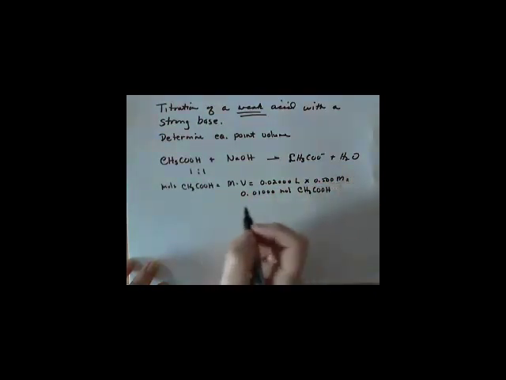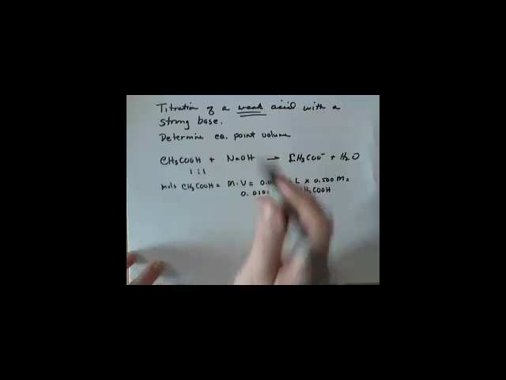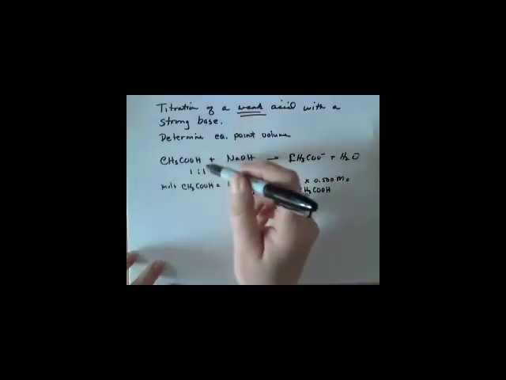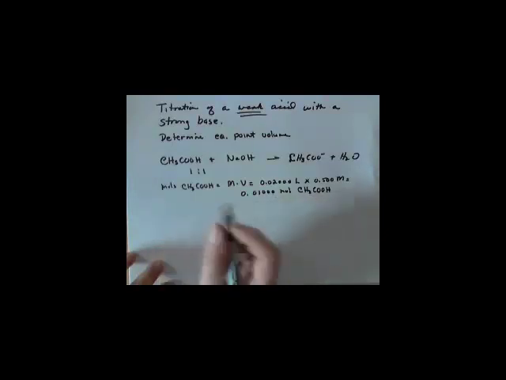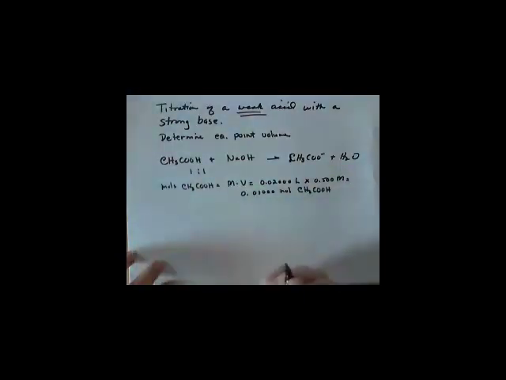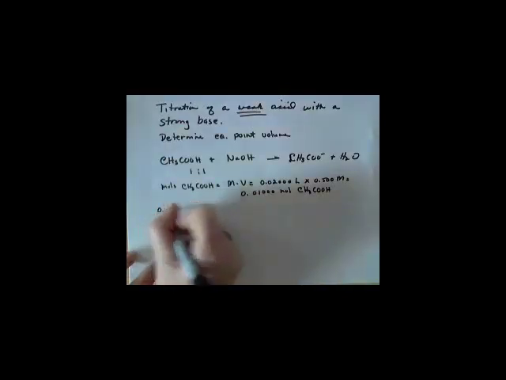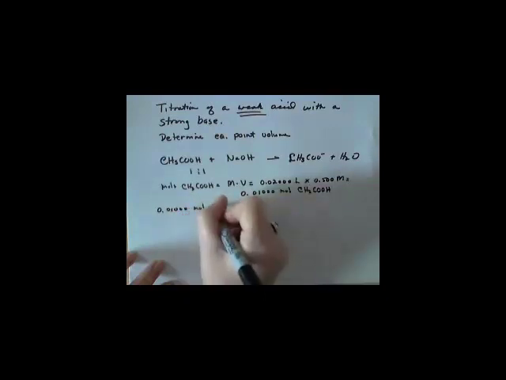Okay, so at the equivalence point, again, we have a 1-to-1 mole ratio. So this means that all of the acid is going to be reacted with the added base. So we want to determine how much base, or how much sodium hydroxide, is needed to neutralize all of that acid. So I'll start off here with my 0.01 moles of acetic acid.